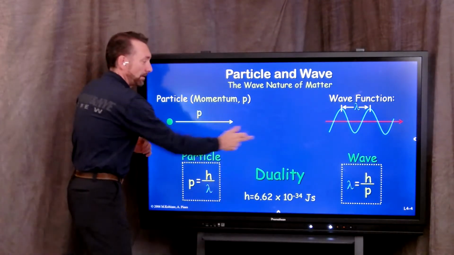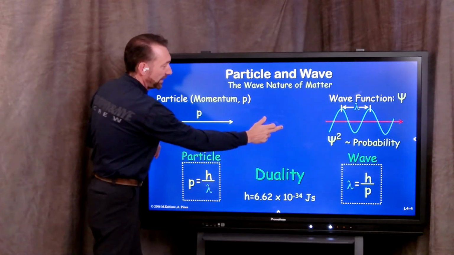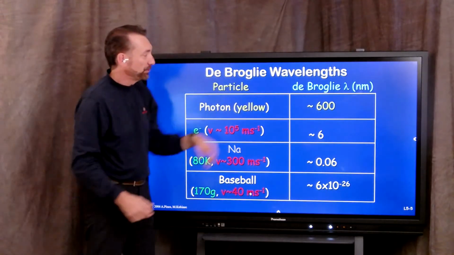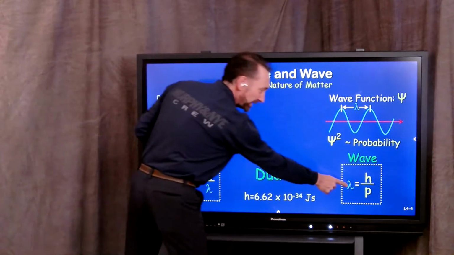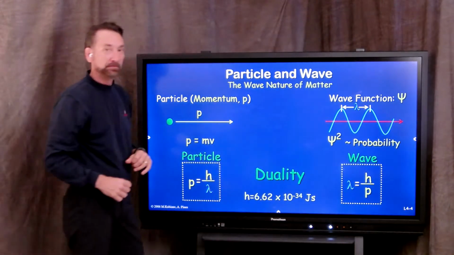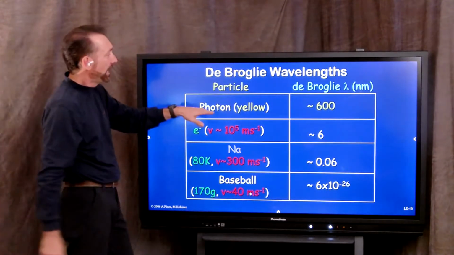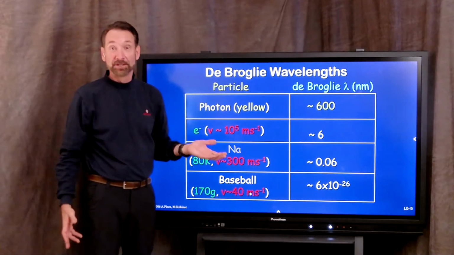You deliver a bit of photon energy, it ejects an electron. So matter and waves both behave with this duality. And this wavelength that you calculate, related to the momentum, is called the de Broglie wavelength. Both particles and waves will have a de Broglie wavelength.